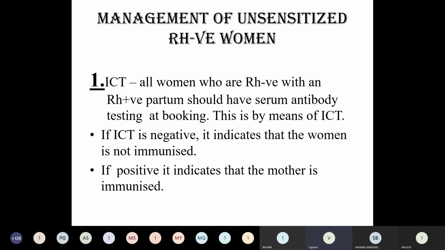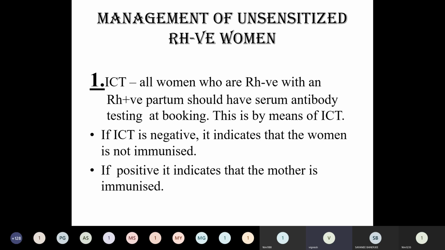So now the management depends on whether the woman is unsensitized or she is already sensitized. So now we take up the management of unsensitized Rh negative women. So you have done an ICT; all women who are Rh negative with an Rh positive partner should have serum antibody testing. I already told you, if the ICT is negative, then it indicates that the woman is not immunized.